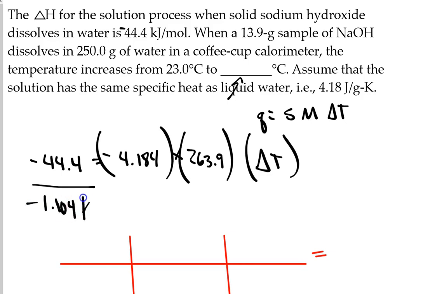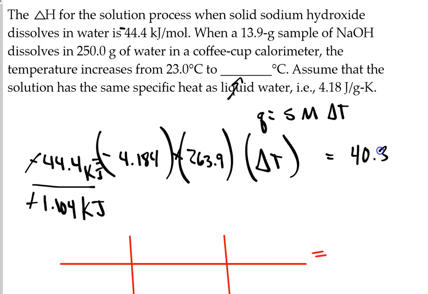Okay, and that's kilojoules, right? So it was really 1104, but we've converted it, and that's important because this was in kilojoules too. The negatives cancel out, so I end up with what overall answer here? 40 point what? 36?